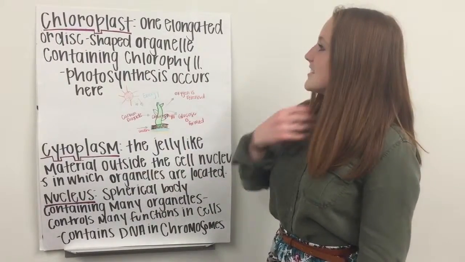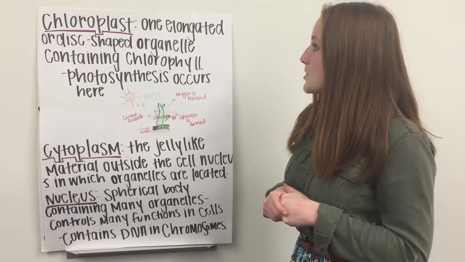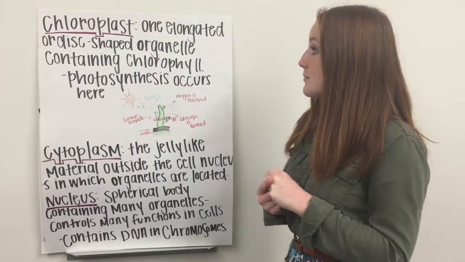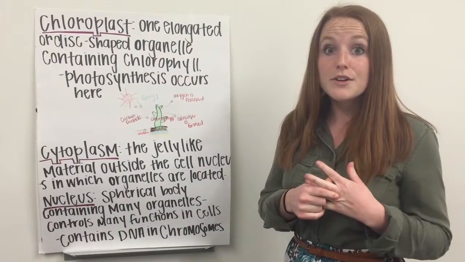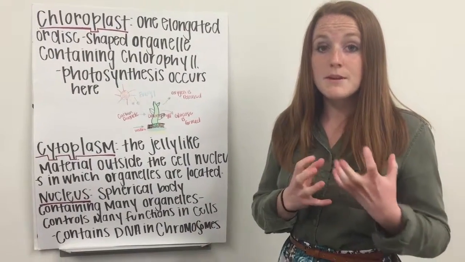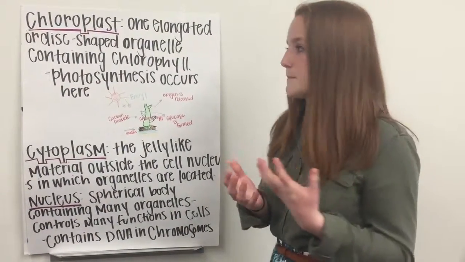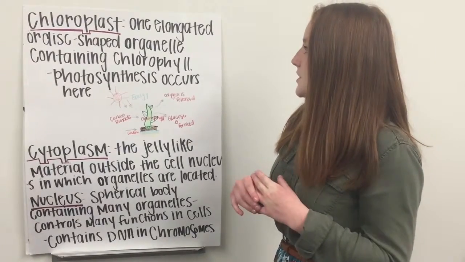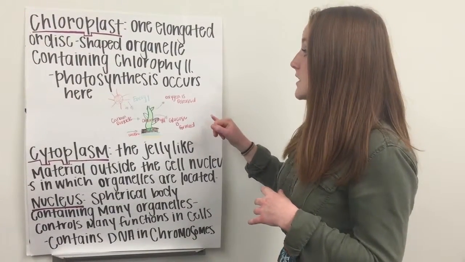All right, so now we're going to look at chloroplast, which is one elongated or disc-shaped organelle containing chlorophyll. Chlorophyll is in that My Cell glossary. It's a green pigment found in green plants. And also in chloroplast, photosynthesis occurs here.